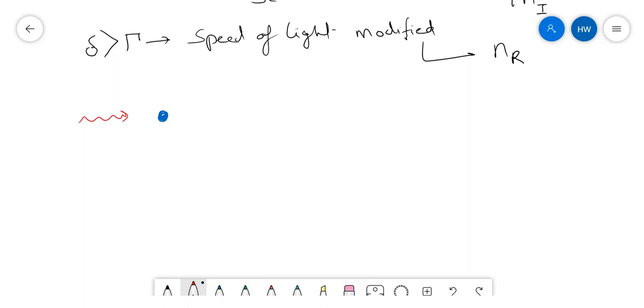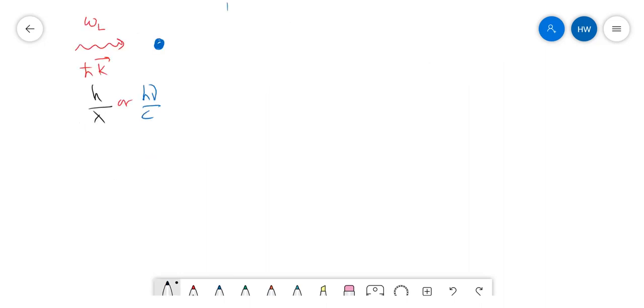This is prior to collision. And remember, the light is not only coming with an energy h bar omega L, it is also carrying a momentum, which is h bar k in a particular direction, or h by lambda, or in other words, h nu by c. So this is prior to collision.